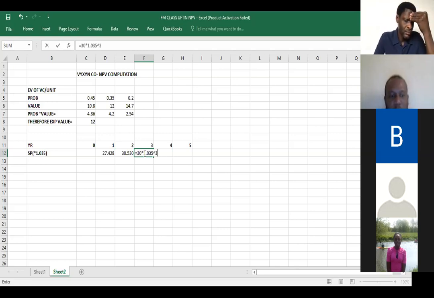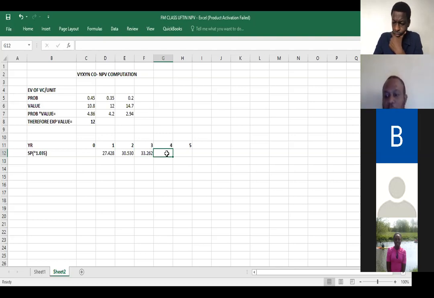It might look like a dull statement now until you're doing it, and especially when you're doing it in the exam. So the last one is 26. So 26 multiplied by 1.035 raised to the power of 4.